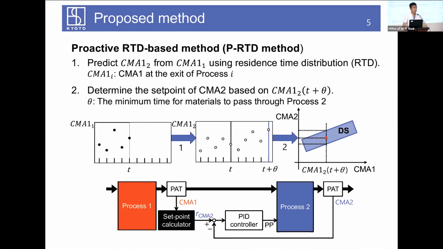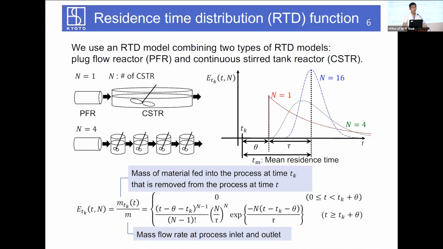Next, you see the residence time distribution, RTD, used in the PRTD method. When considering RTD in pharmaceutical continuous manufacturing, as shown in the figure on the left, a model combining a single PFR model and N CSTR models is often used. The RTD functions are shown in the upper right figure, and the equation is shown below.